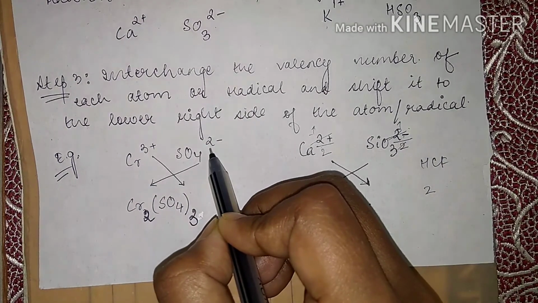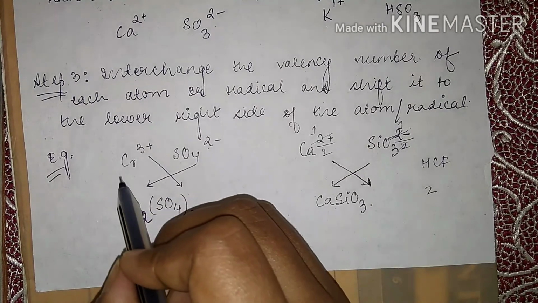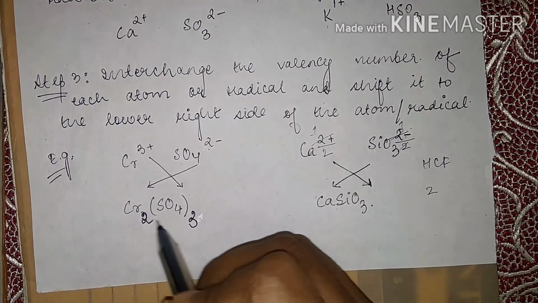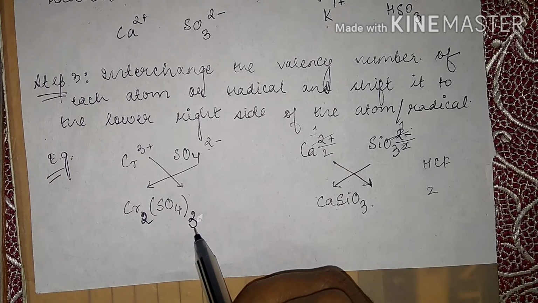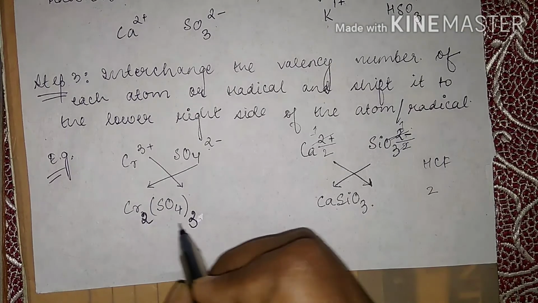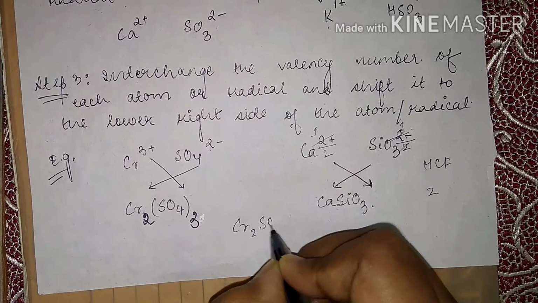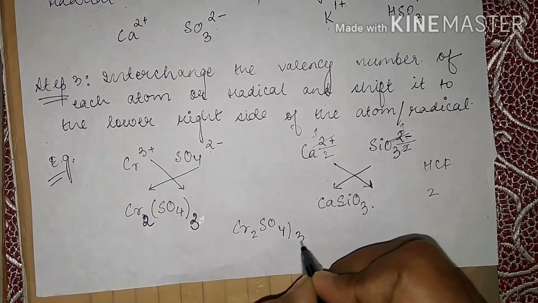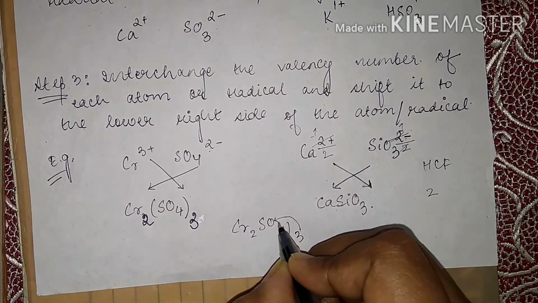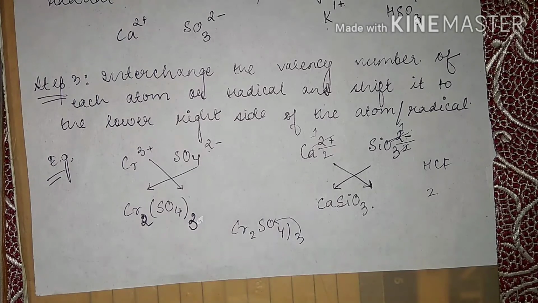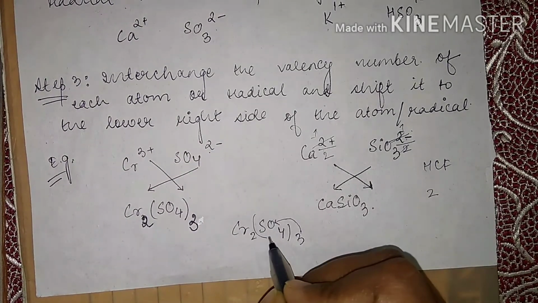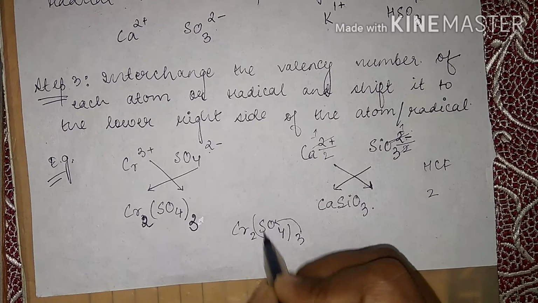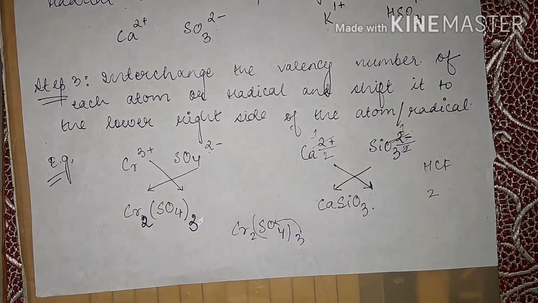Here it's 2, no doubt, but after interchanging, here we got the valency of chromium, so we enclose the entire radical in the bracket and we give here 3. Okay, but we cannot just write Cr2SO4 and then 3 here. Then this 3 will just belong to this oxygen, but this 3 should belong to the entire radical. So we enclose the entire radical SO4 in bracket, then we write 3.